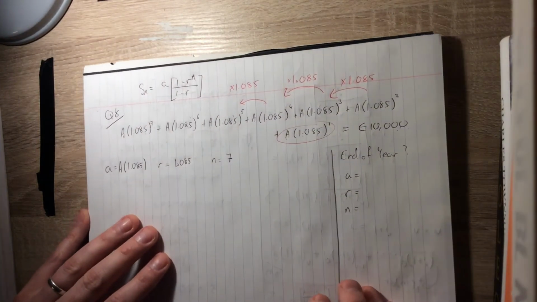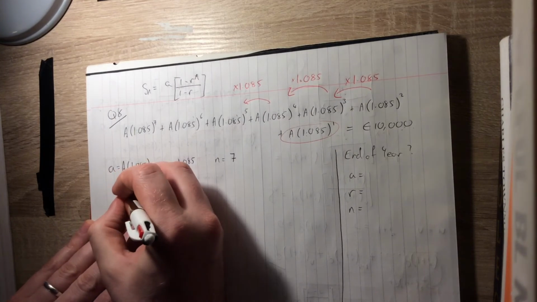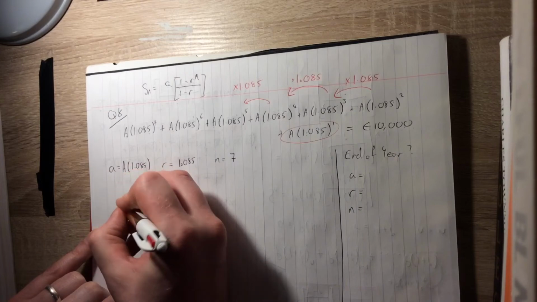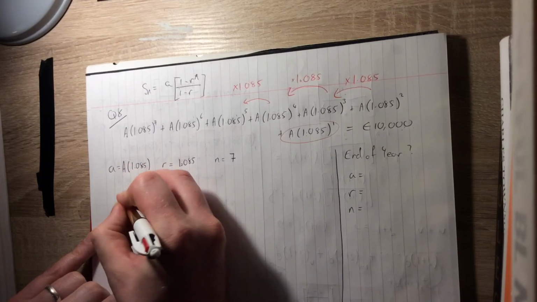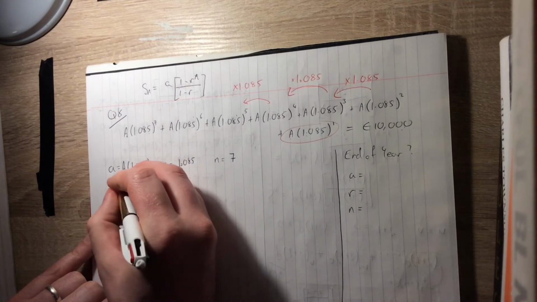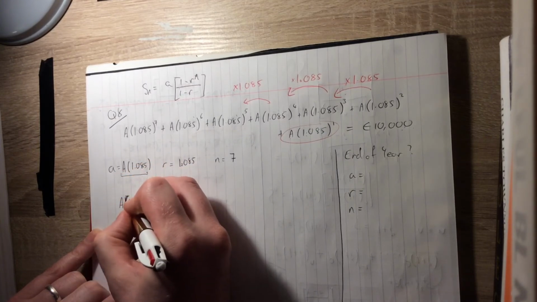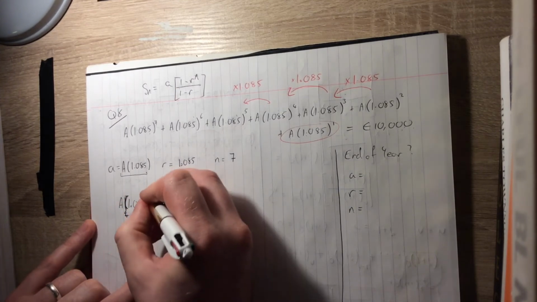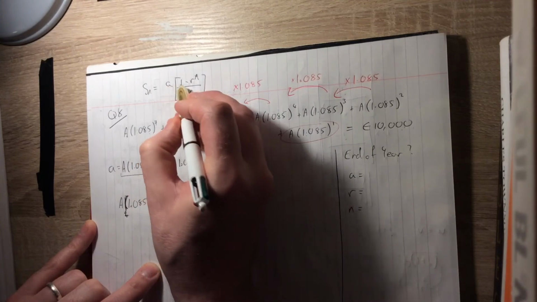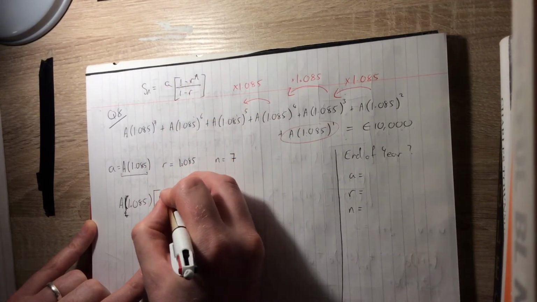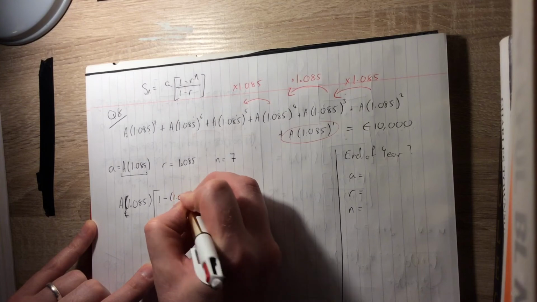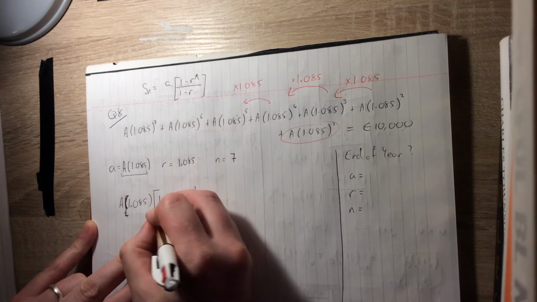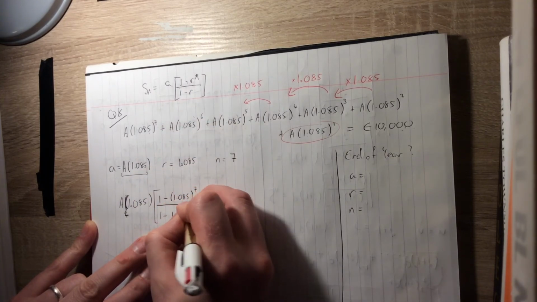So we need the sum of our geometric series, which is lowercase a, this whole thing, capital A times 1.085, that's the amount he invests multiplied by his interest rate, times 1 minus 1.085 to the power of n, for us 7, all divided by 1 minus 1.085.